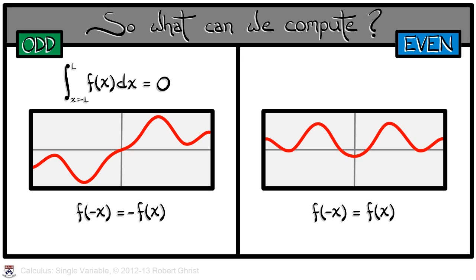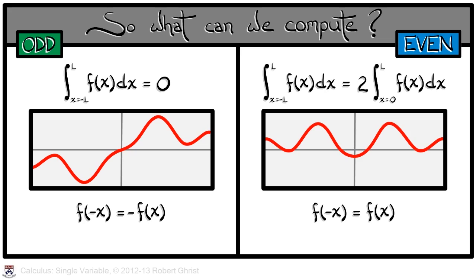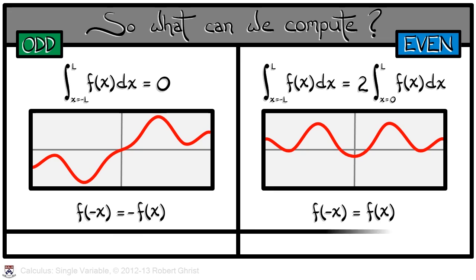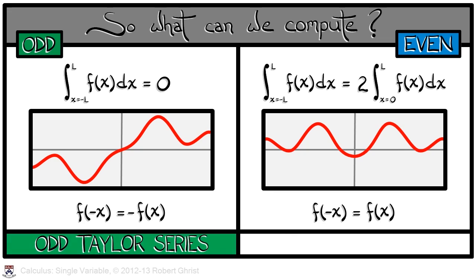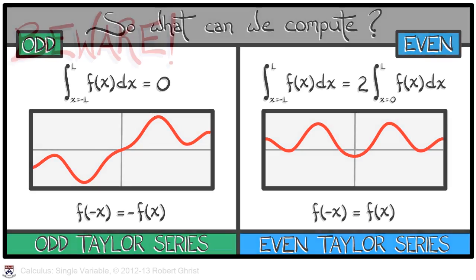Likewise, for an even function, when f of minus x is f of x, then the integral from negative L to L is twice the integral from 0 to L. Another way to think about odd and even functions is that the odd ones have an odd Taylor series, and the even ones have an even Taylor series, all about 0.